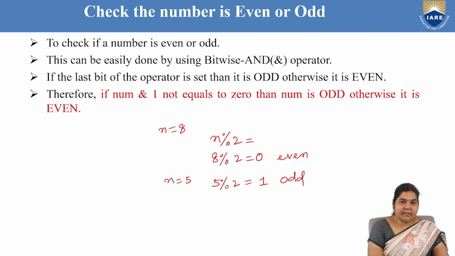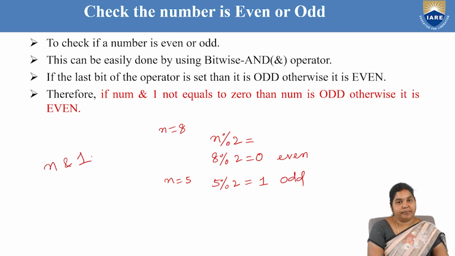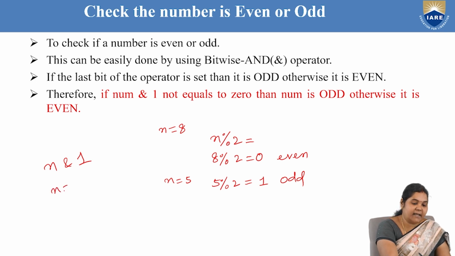But the same thing we can do with the bitwise AND operator also. If I do the number bitwise AND with 1, and the last bit of the number is set, or 1, then the AND operation will give you the result as 1. Otherwise, it will give you 0. For example, let us take n equal to 8.